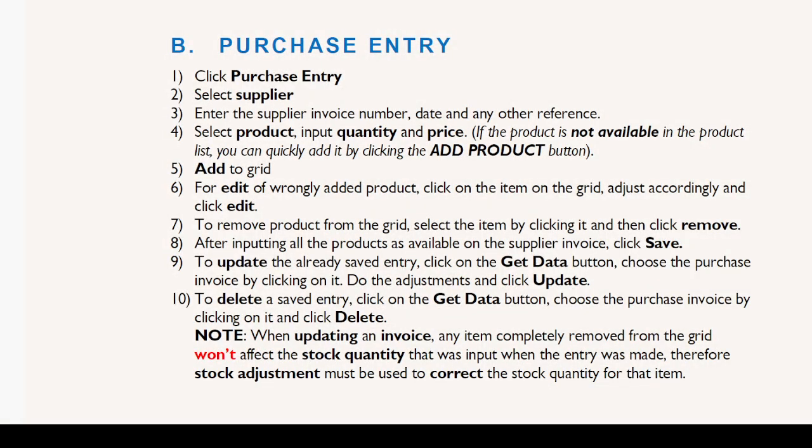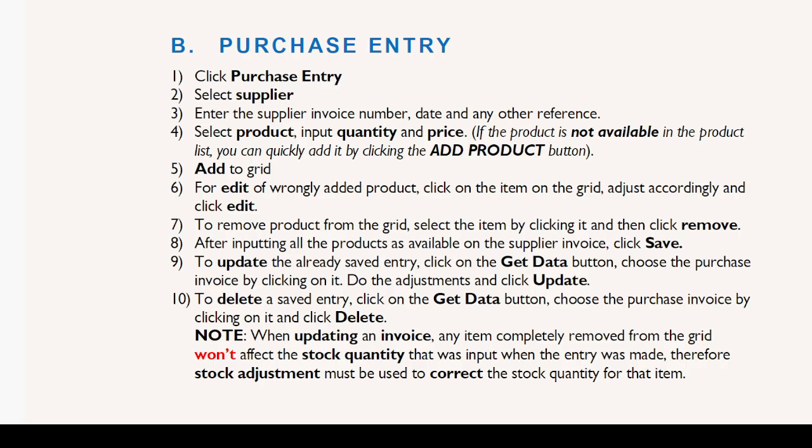In purchase entry, you click purchase entry, you select supplier, you enter the supplier invoice number, date, and any other reference. Select product, input quantity and price. If the product is not available in the product list, you can quickly add it by clicking the Add Product button.